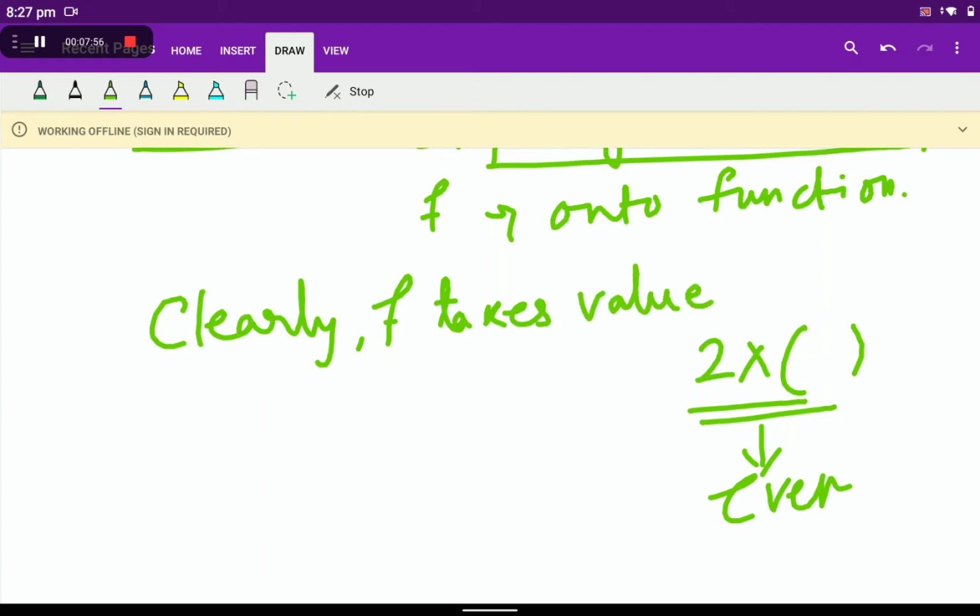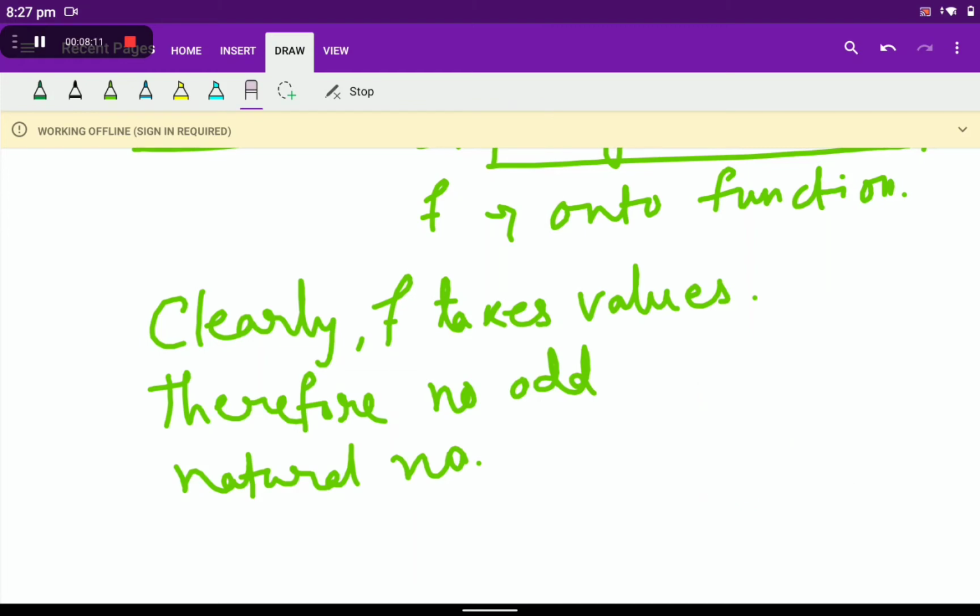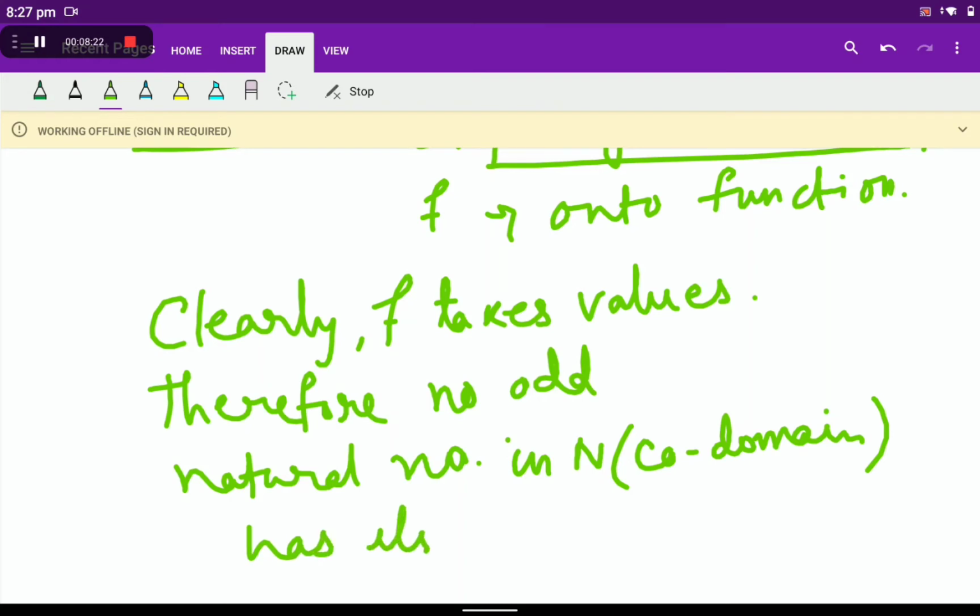Therefore no odd natural number in N, that is in the codomain, has its pre-image in the domain.